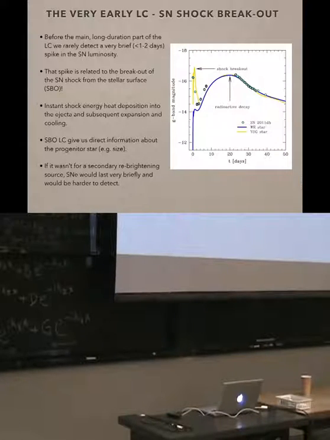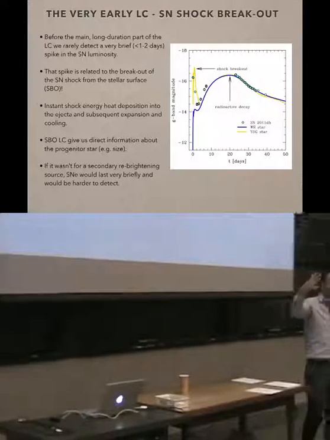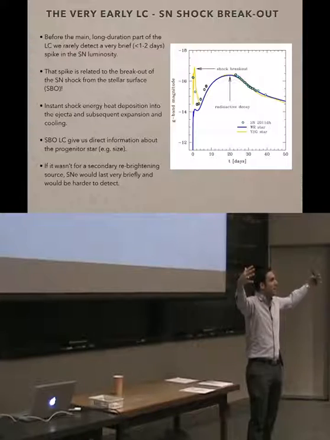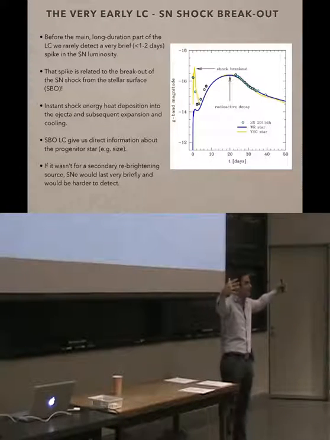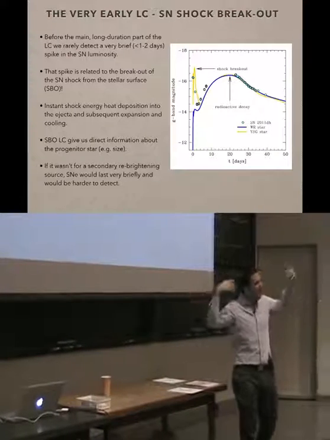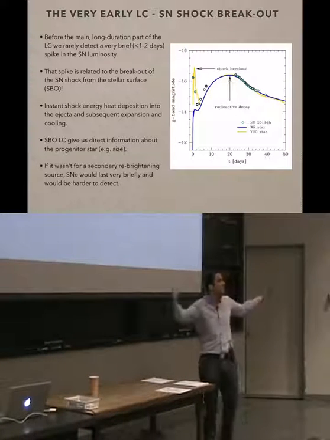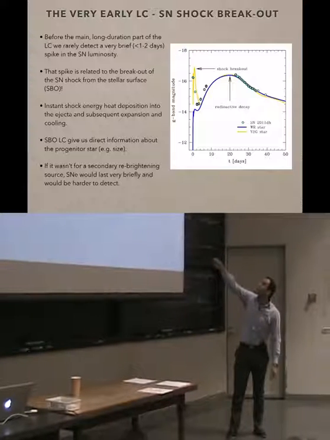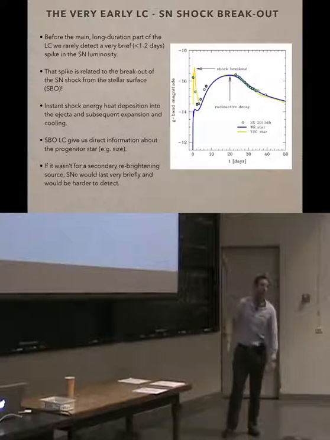And then the stellar material immediately starts to expand. But as it expands, simple physics, it cools. The heat gets lost. So as it cools, immediately the light starts to go down. Then there is something else that brings it back up.